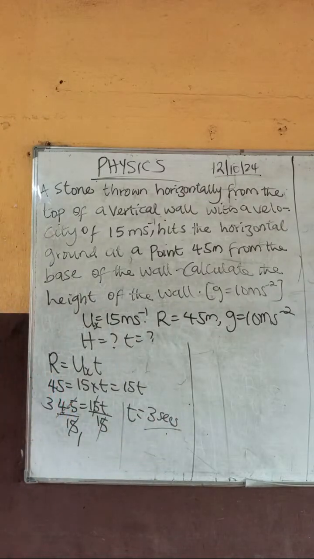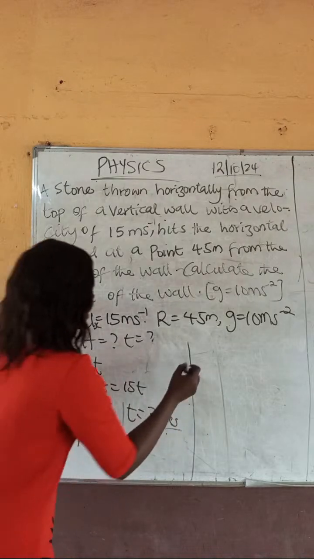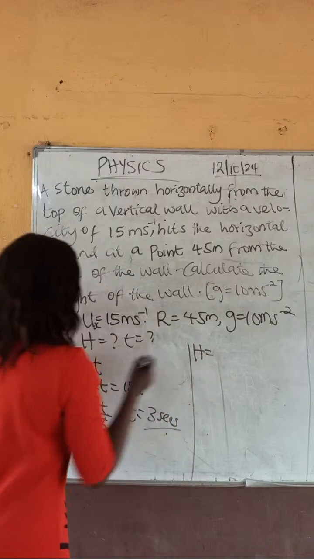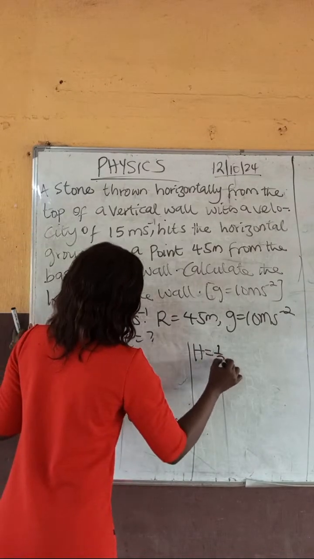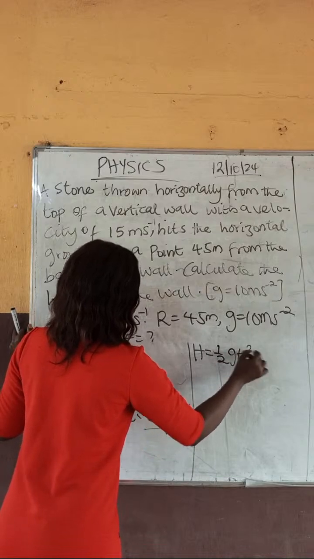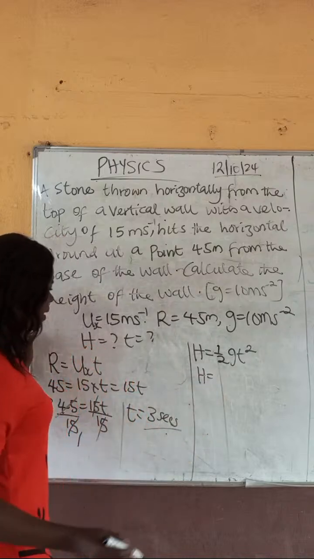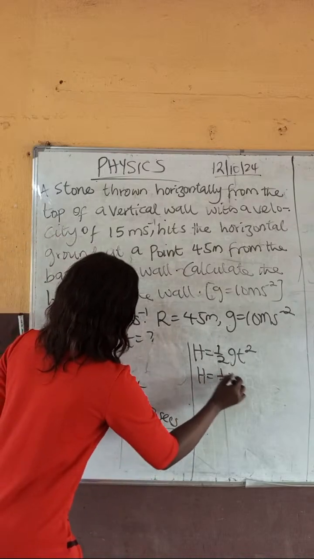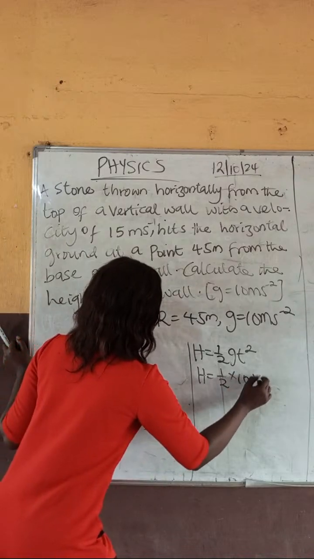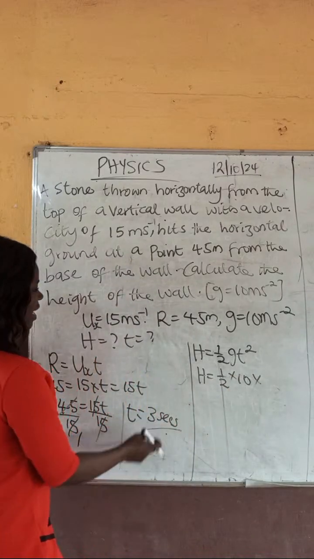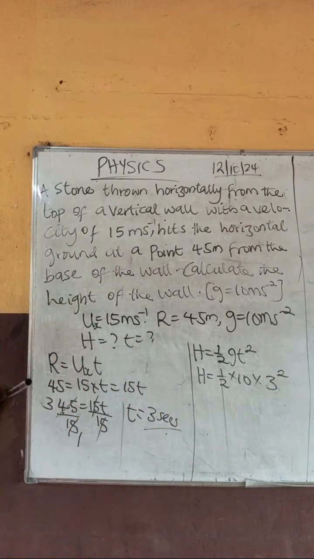All right. So putting it into our height formula, we have that h is equal to half gt squared. I put in what I have. What's my g? My g is 10. I say 10 times my time, which is 3, that is 3 squared, right?